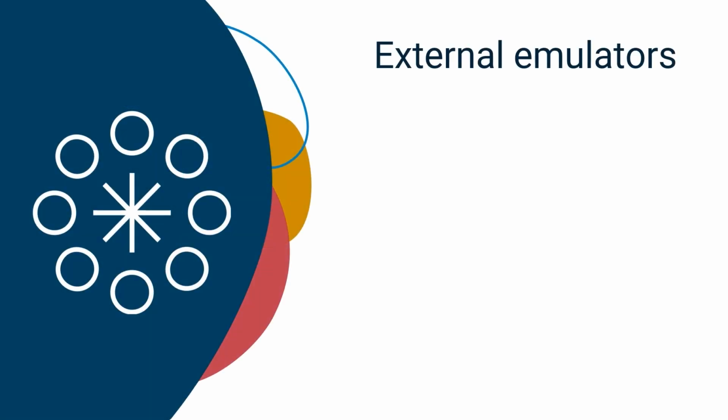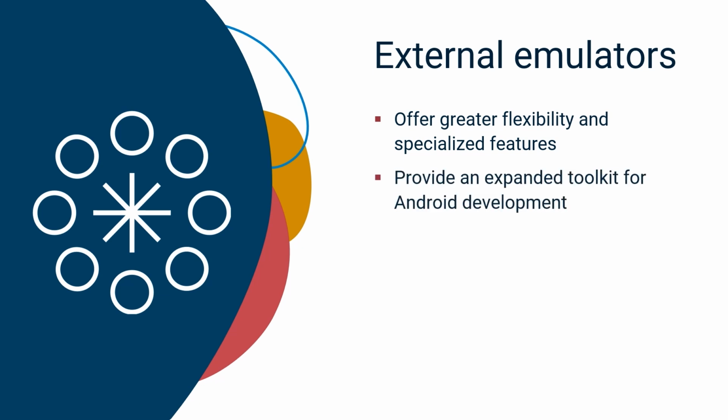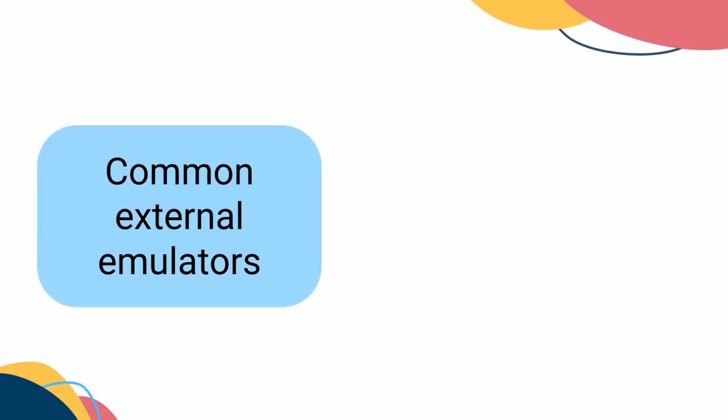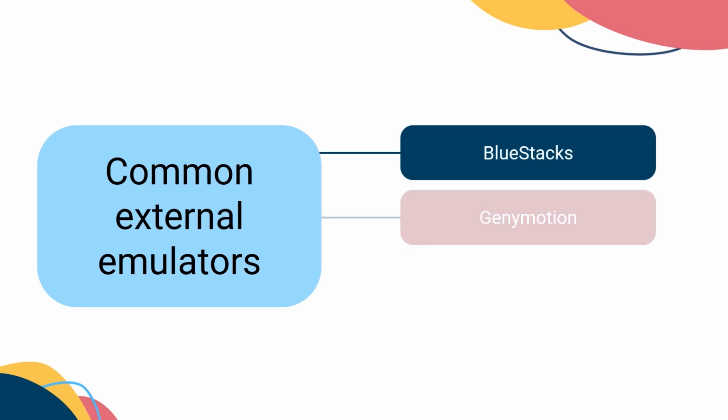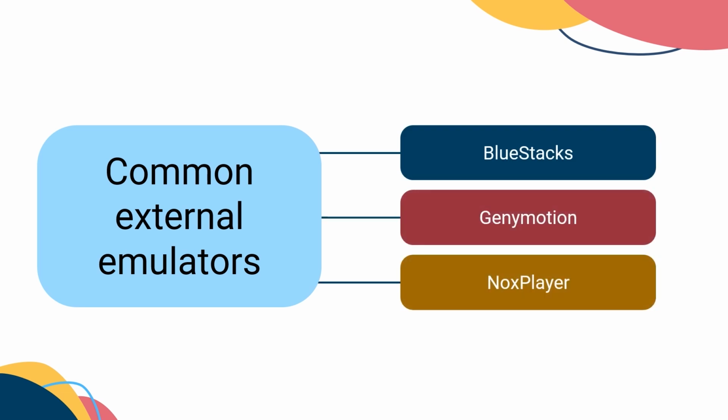Although the Android Studio emulator is a great tool, for developers seeking even greater flexibility and specialized features, external emulators offer a valuable option. These are standalone applications that provide an expanded toolkit for Android development, catering to specific testing needs. Common external emulators include BlueStacks, Genymotion, and Nox Player.